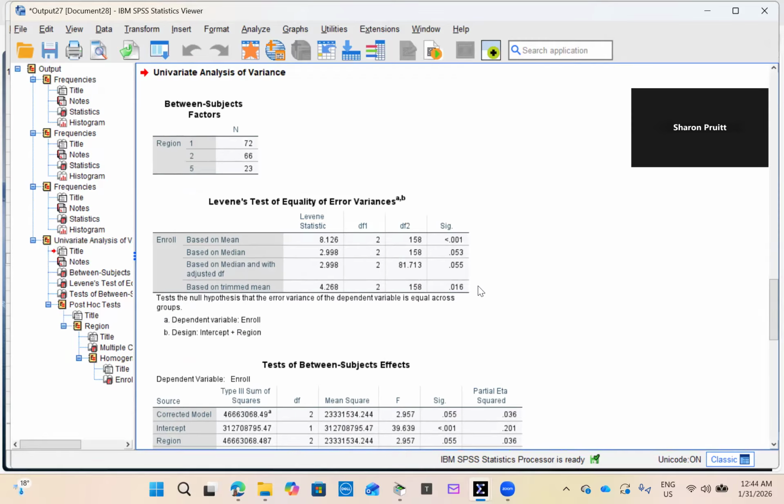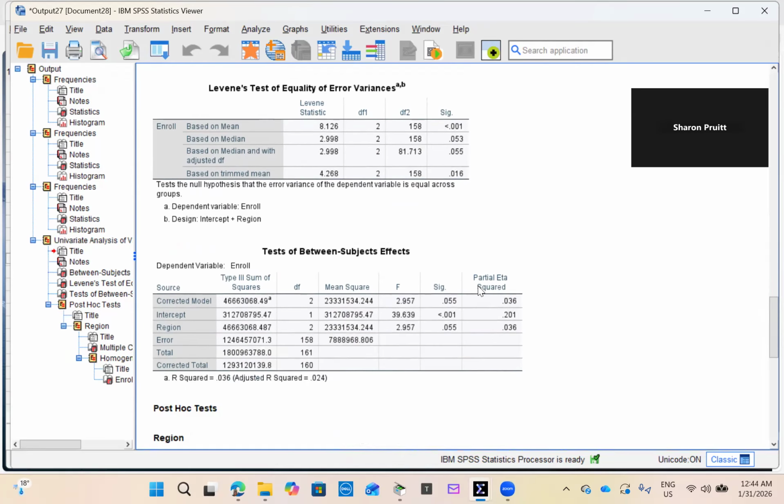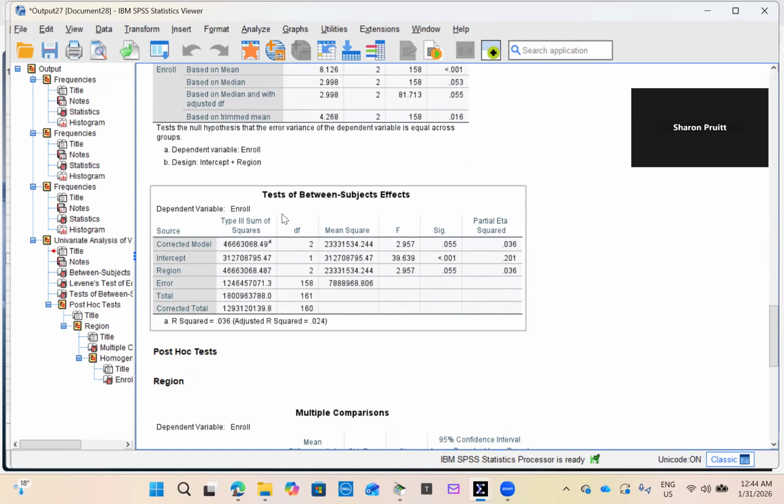The general linear model, also called the univariate analysis, provides the omnibus test of group differences. We look at the test of between subjects effects. Let's look at the region row.